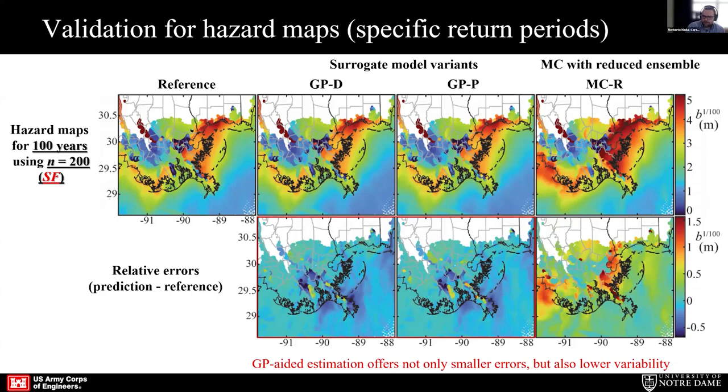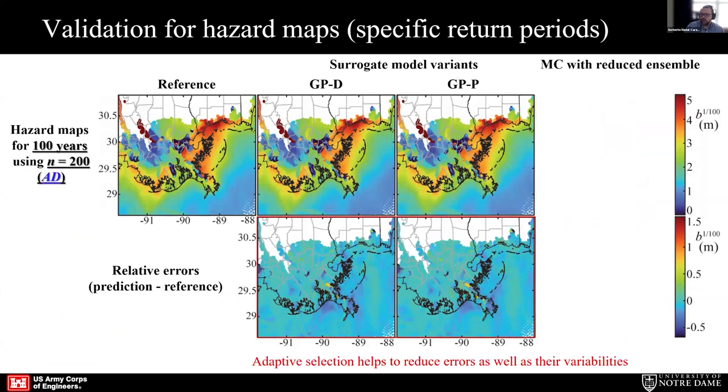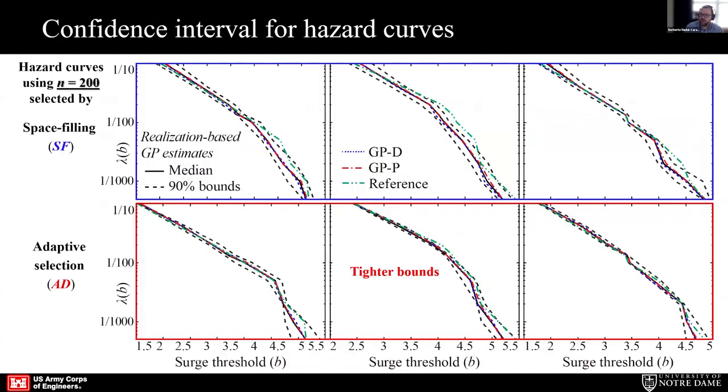The row of plots at the bottom represents the relative results compared to the reference, the result produced with the numerical simulation. And the results are improved quite significantly when we consider the adaptive implementation.